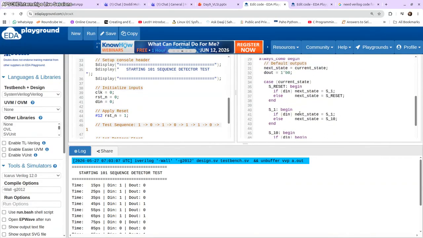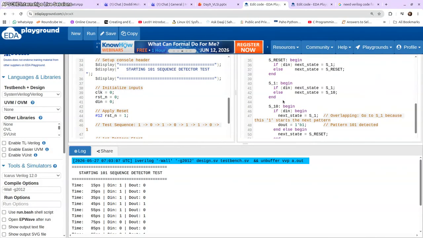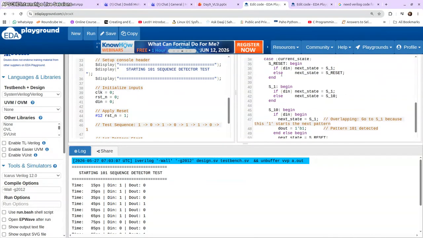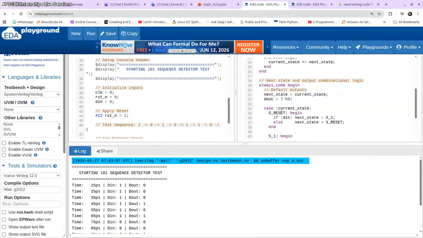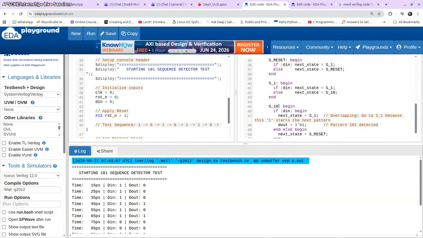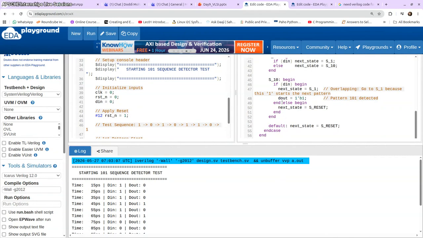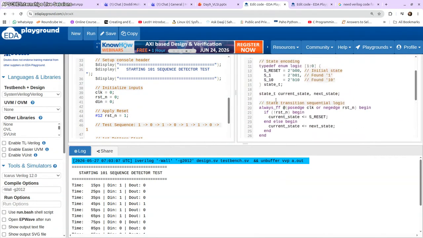We are able to keep it, and then we are trying to put in the case statement whether it is in the S0 state, S1 state, or S10 state. Those things we are trying to do.